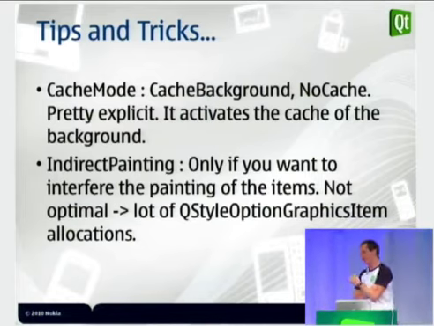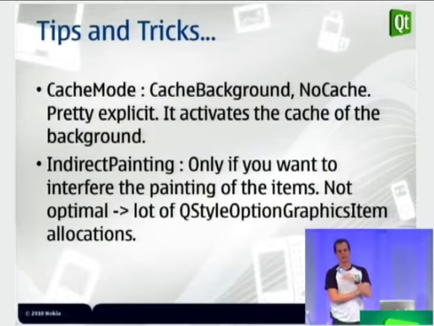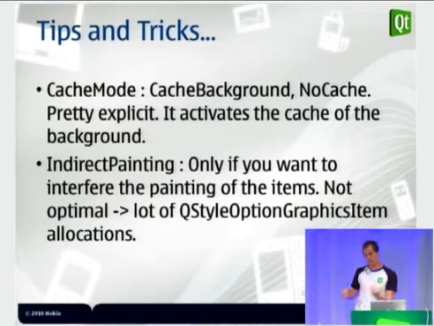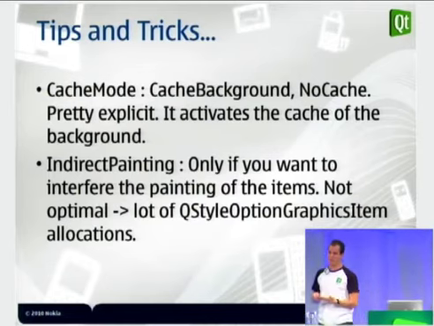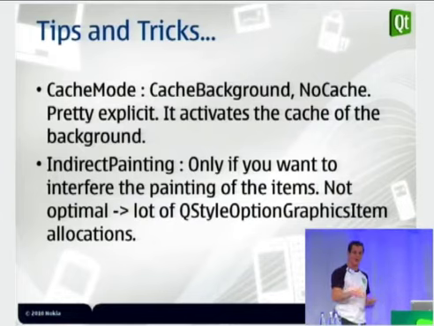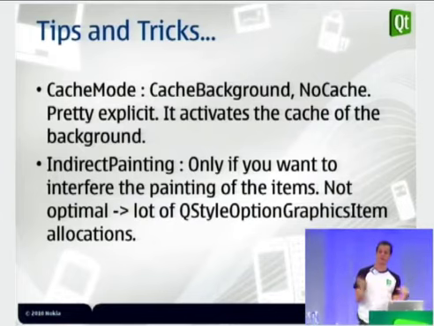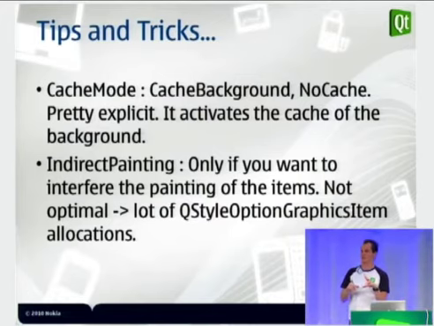When you activate the cache, what happens is that when we call draw background, instead of giving the normal painter that comes from graphics view, we actually open one on a pixmap. Then we call draw background, and everything you do will go to a pixmap that we save. Then on the next paint event, instead of calling your draw background function again, we will just draw the pixmap. It's nice, because if you have a complex background, let's say with complex gradients or dotted lines, then it will actually be faster.